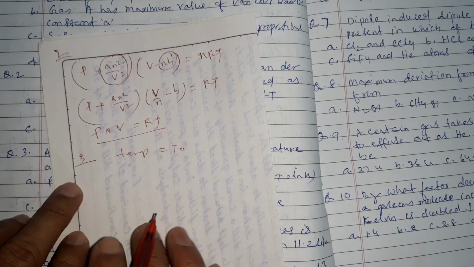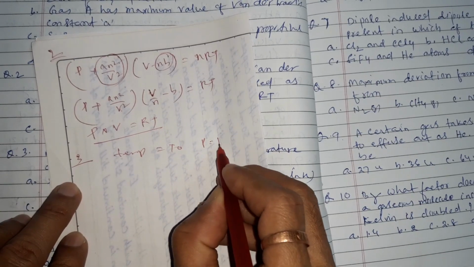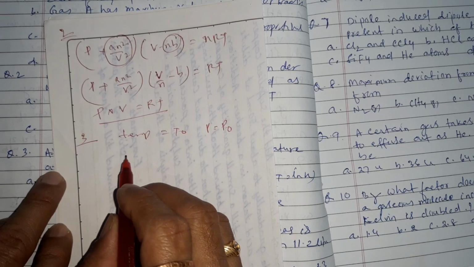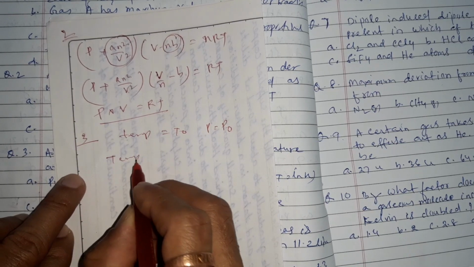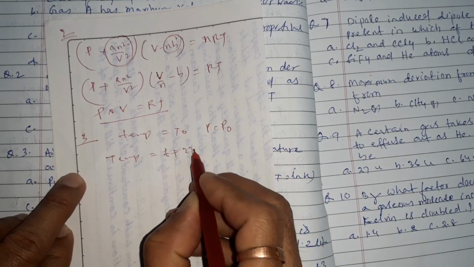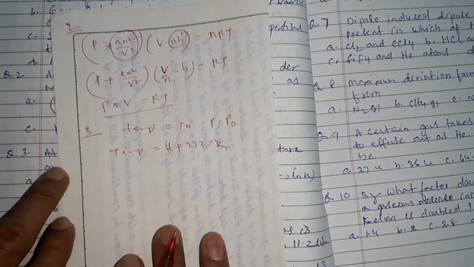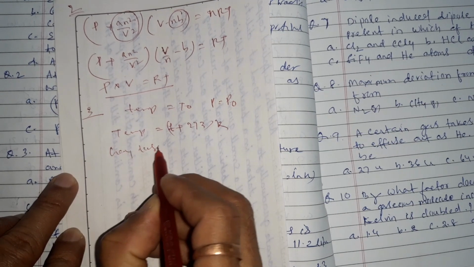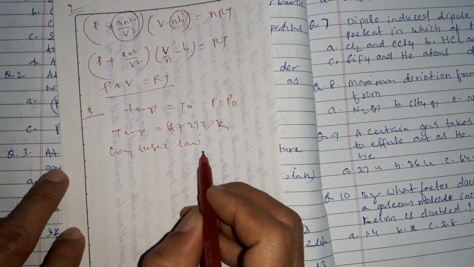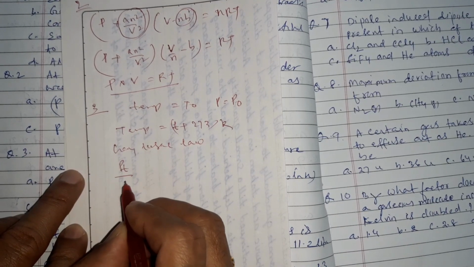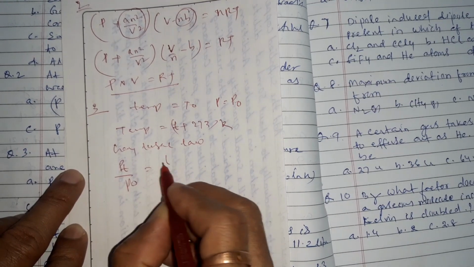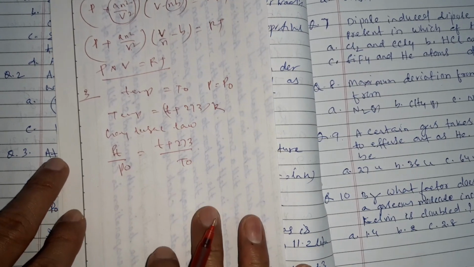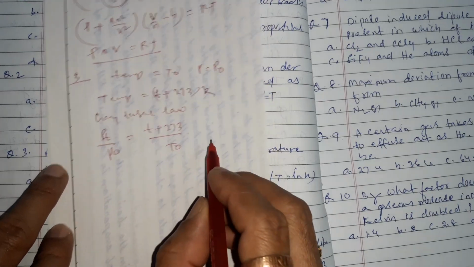At STP, temperature is T0 and pressure is P0. At temperature t, the temperature in Kelvin is t + 273. So applying Gay-Lussac's law, Pt/P0 = (t + 273)/T0.